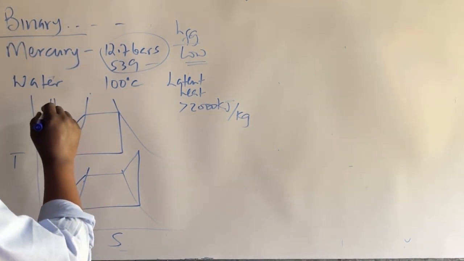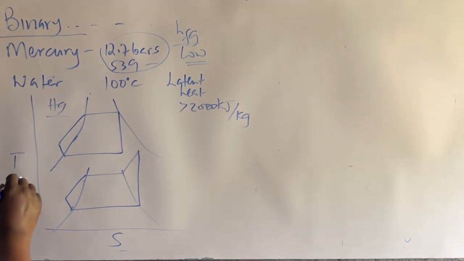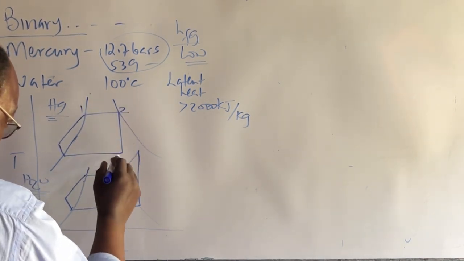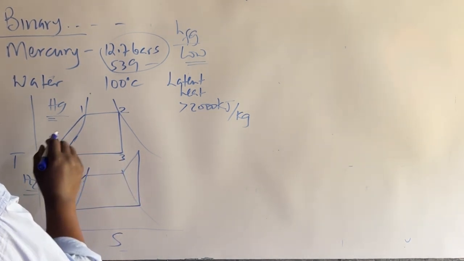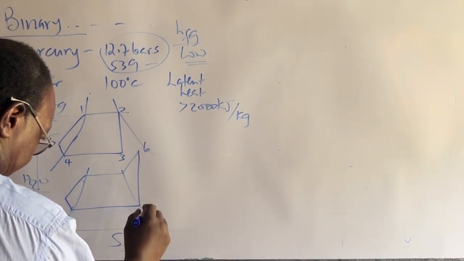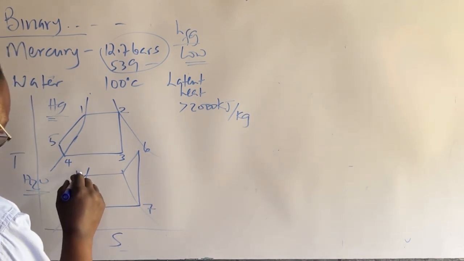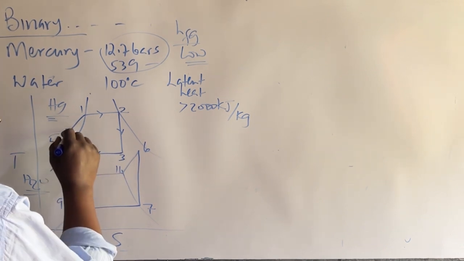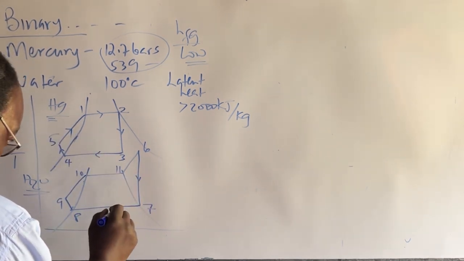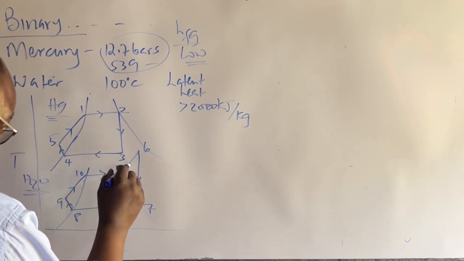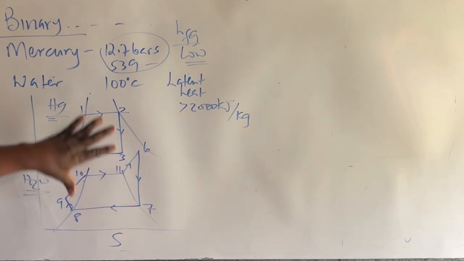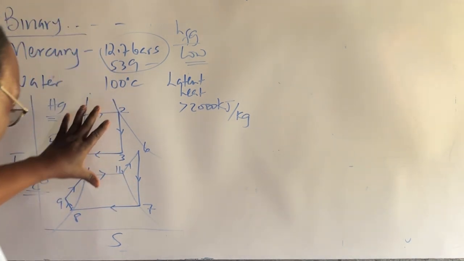So we have this for the mercury system, and we have this for the water system. Now, let's just label the processes 1, 2, 3, 4, 5, 6, 7, 8, 9, 10, 11. Let's mark our processes. So we have the Rankine circle here, and we have the mercury cycle up here.